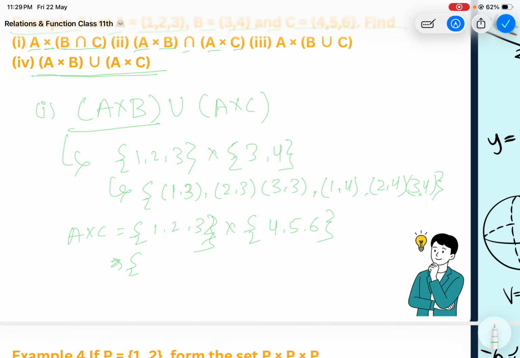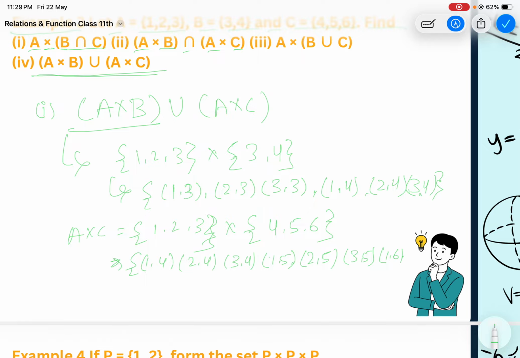When we solve it, we will get (1, 4), (2, 4), (3, 4). Now (1, 5), (2, 5) and (3, 5).